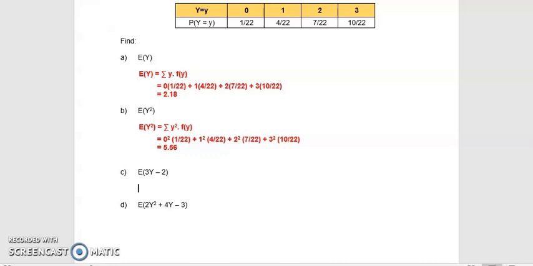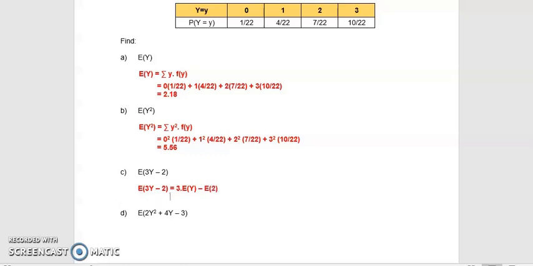So E[3Y minus 2] can be written as 3 multiplied by E[Y] minus E[2].